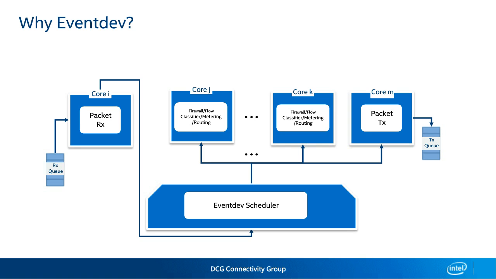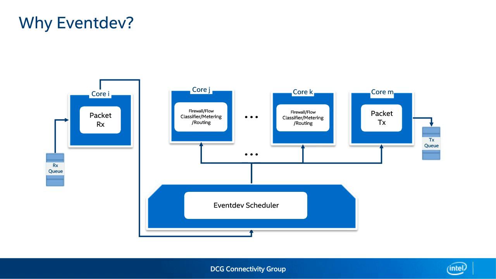So it cannot go out from the core directly to the TxQ. We'll see how it works in a little bit more detail later, but the basic idea is this looping around, bringing it back and giving it to the eventdev scheduler allows the eventdev scheduler to keep track of which core has which packet, and anything that's coming out of order, you can put it back in order to ensure ordered queue processing in the system, right?